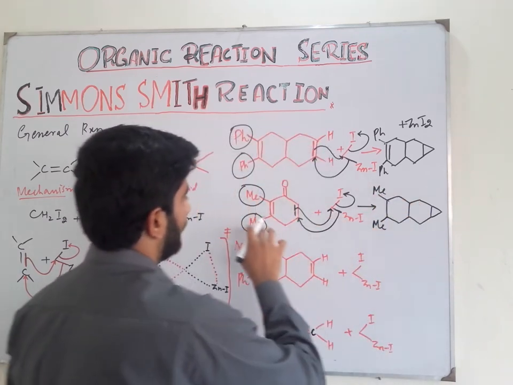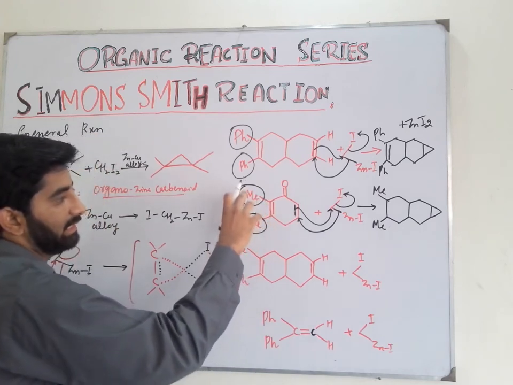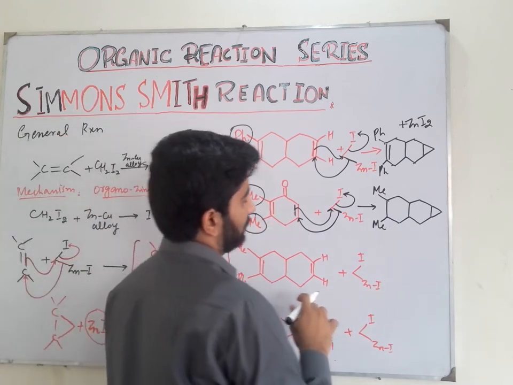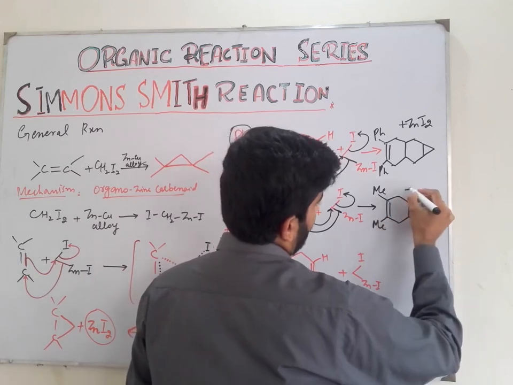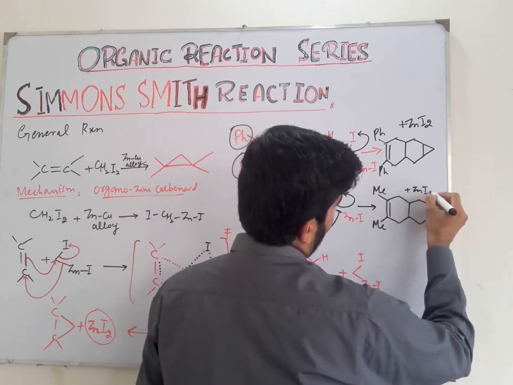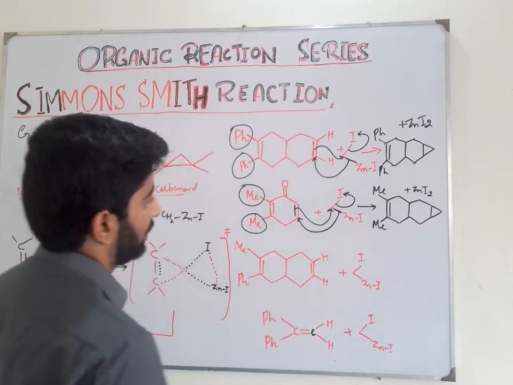These electrons do not attack on this side because this is the hindered side due to the presence of bulky groups. And zinc iodide also forms here. So this product is formed.